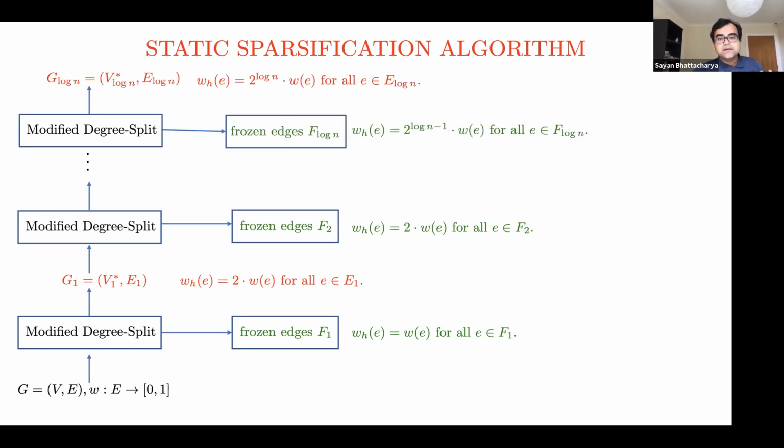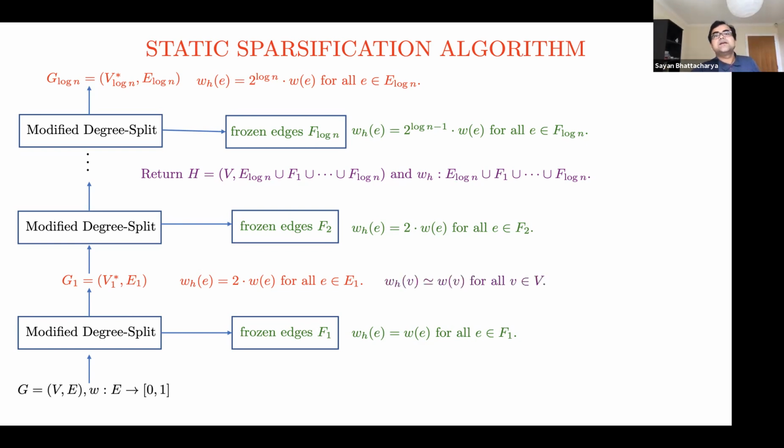And ultimately, what we return is the subgraph H consisting of all the frozen edges and the final leftover surviving edges, that is E log n, and the fractional matching WH, the way we described in the previous slide. That's the output. And as we discussed, this will preserve the property that the node weights are preserved in the output fractional matching.